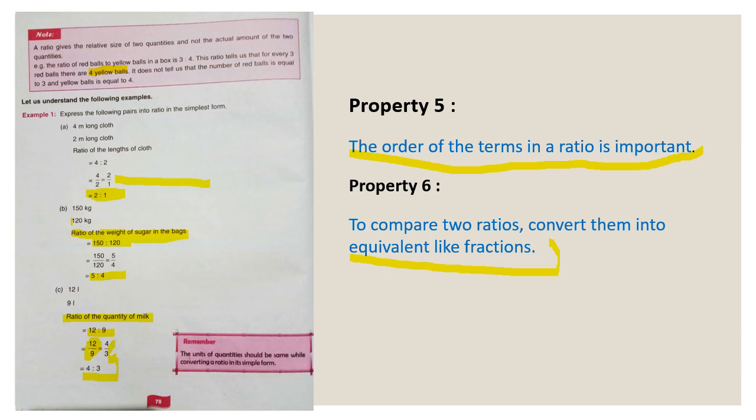The units of the quantities should be the same while converting a ratio to its simplest form. So always take care of the given units of the quantities in the question. Now on the basis of these properties, definitions and examples, you can easily solve worksheet 1 based on ratio.